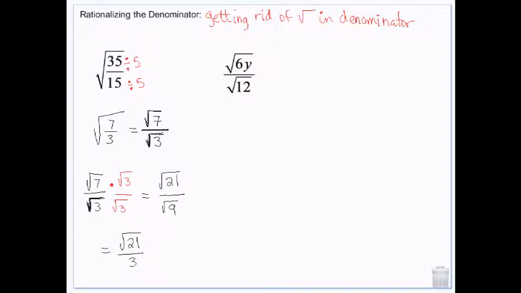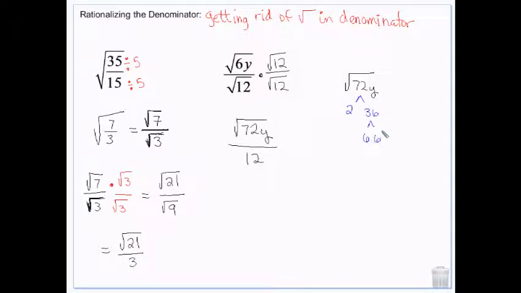Okay, so I want to get rid of this radical 12 in the denominator. I'm going to multiply by 12 over 12. So 6 times 12, 72. And I can simplify that 72. 72 is 2 times 36, and 36 is 6 times 6, right?